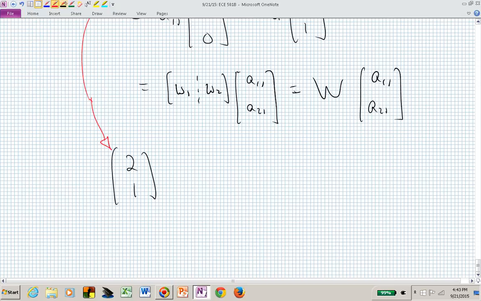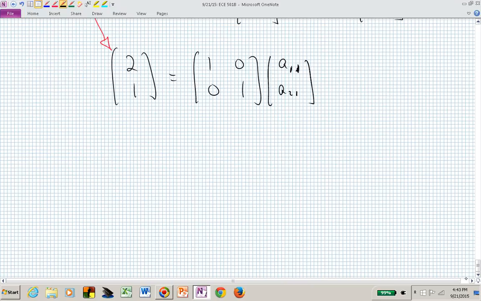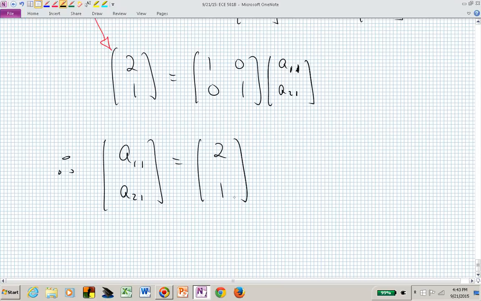And we want that to equal some linear combination of these basis vectors, W1 and W2, which in this example are the identity matrix. We could invert the identity matrix if we wanted to, and now we have what those values for A11 and A21 are actually equal to. That's now 2, 1.